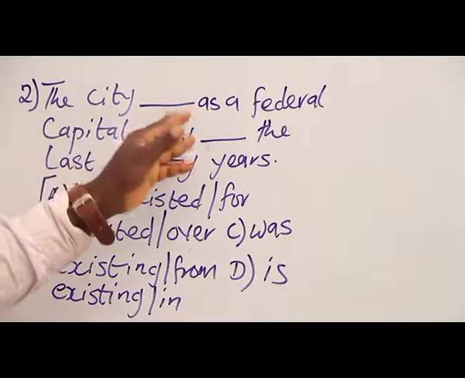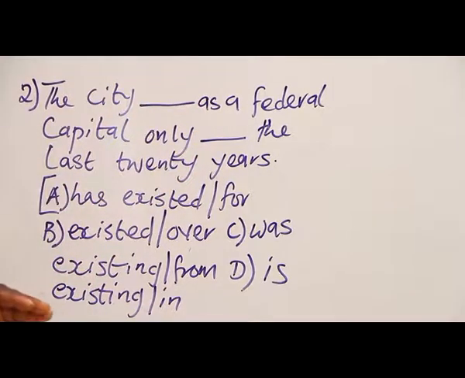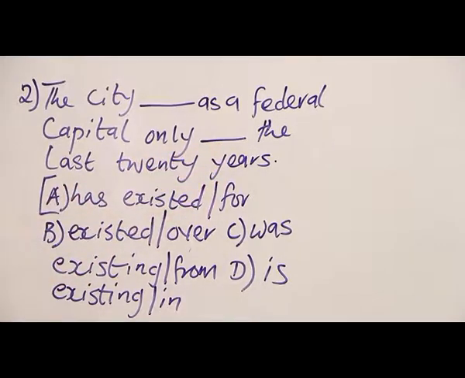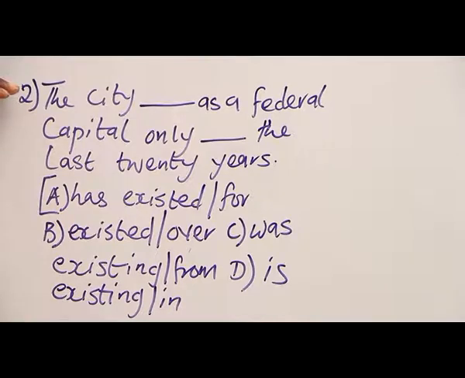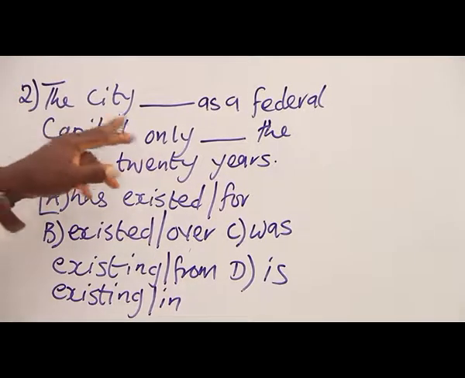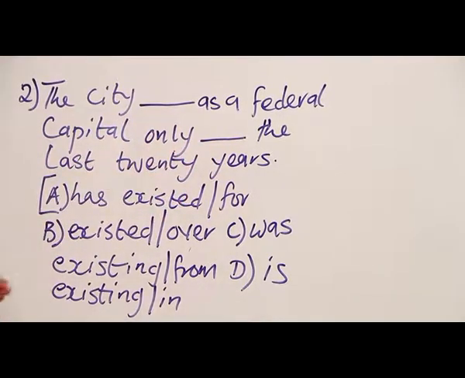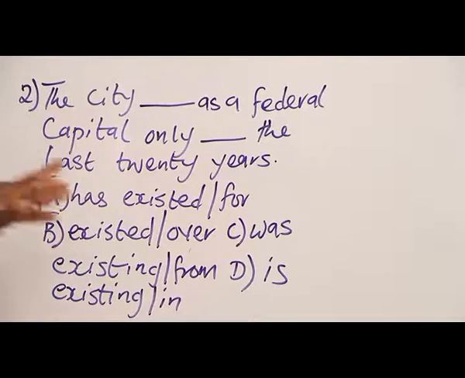The city dash, it is the first space that actually works on tenses, or the principle of tenses. The second space is for the use of preposition, a topic we'll take also later. So let's look at the issue of tenses and use it as our guide now. The city dash as a federal capital. Now, should we say the city existed as a federal capital?